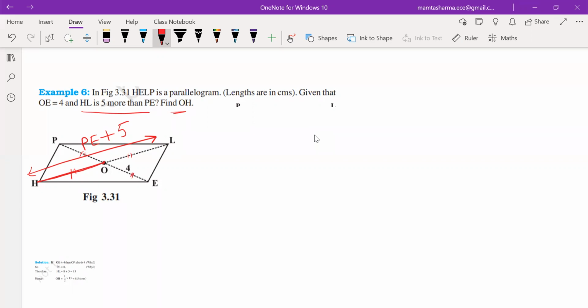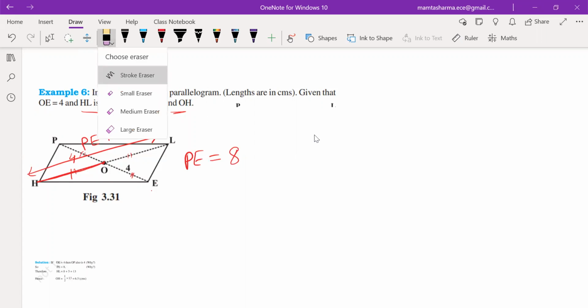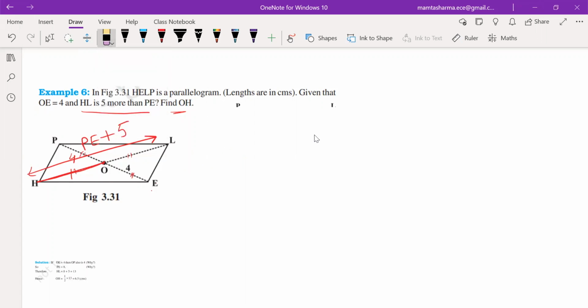So this OE will be equal to PO. PO will be 4. Then PE will be 4 plus 4, 8. Ma'am, now all are equal, no, ma'am? Hmm. So full HL will be 8 plus 5 because we got this side, no, ma'am.